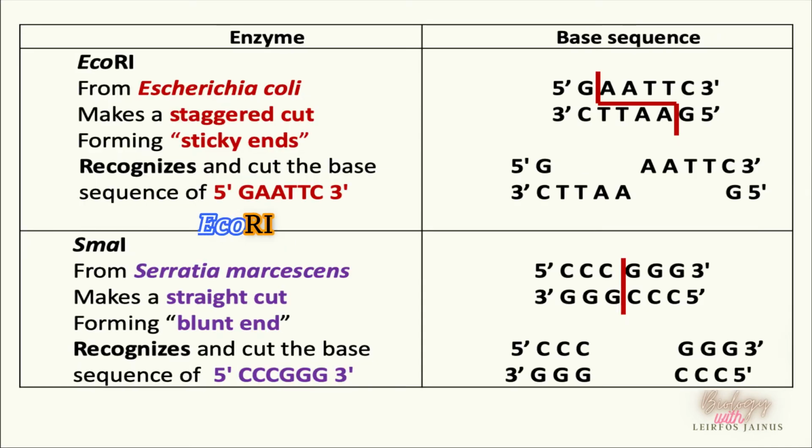The restriction enzyme EcoR1 produces sticky ends, is extracted from the bacteria Escherichia coli, and recognizes the restriction site 5' GAATTC 3'. While SmaI that will produce blunt ends is extracted from Serratia marcescens, and recognizes the sequence 5' CCCGGG 3'.